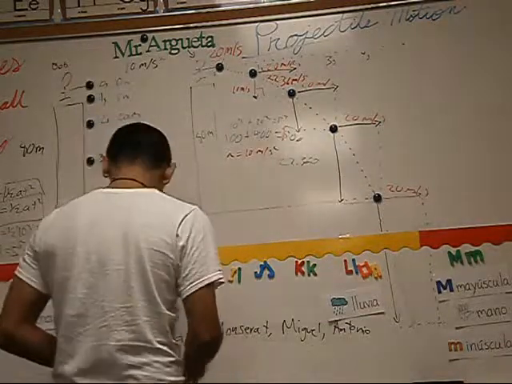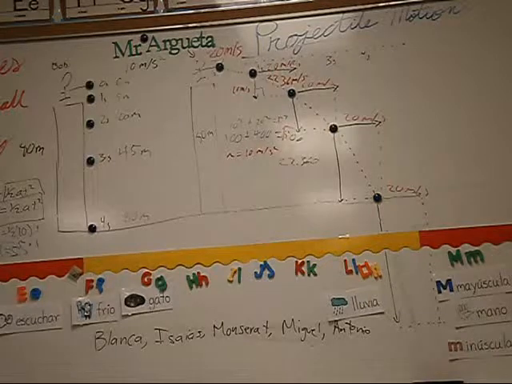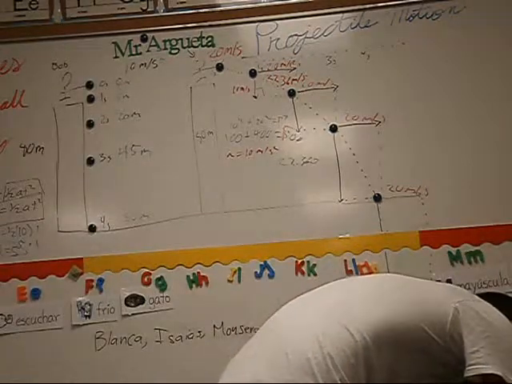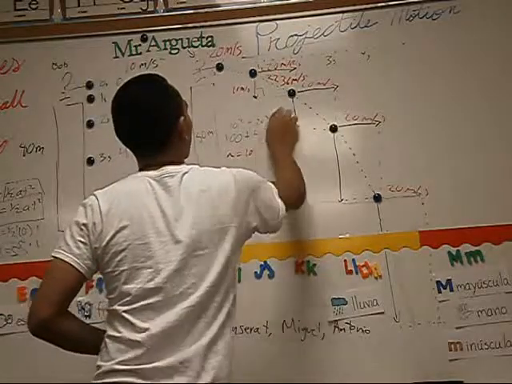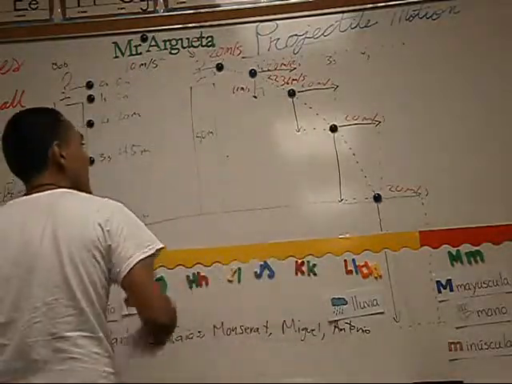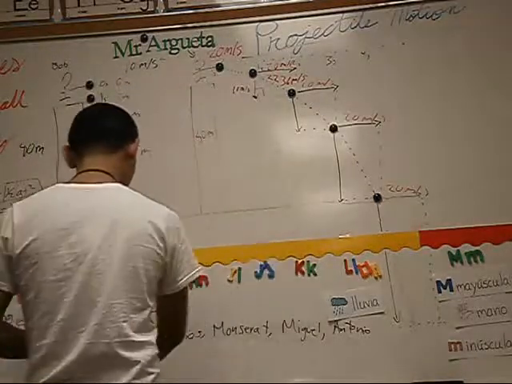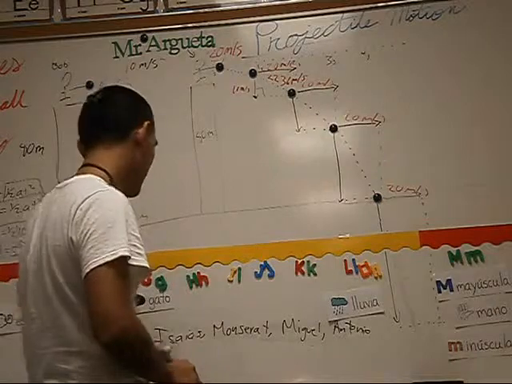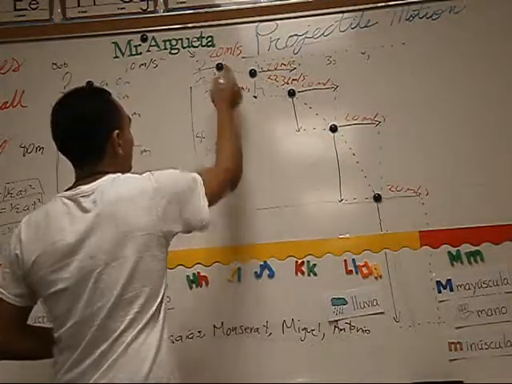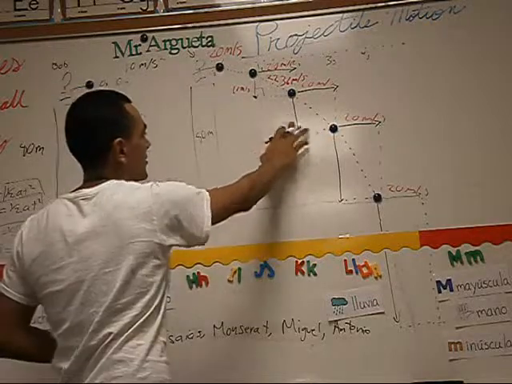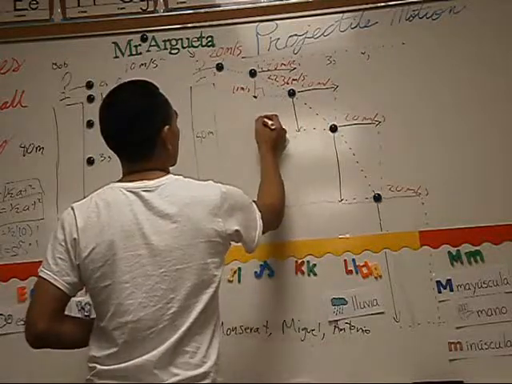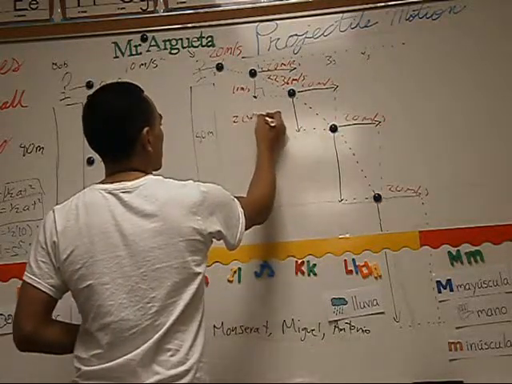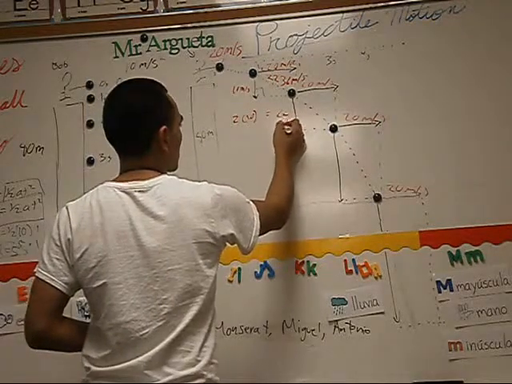So 10, which is acceleration, times 2 is going to be the velocity. The velocity on this one is 2 times 10 equals 20 meters per second.